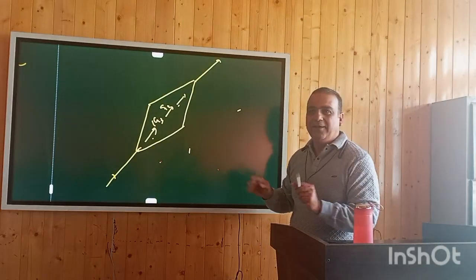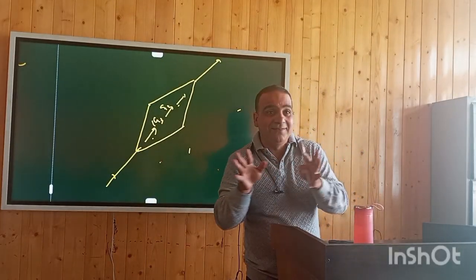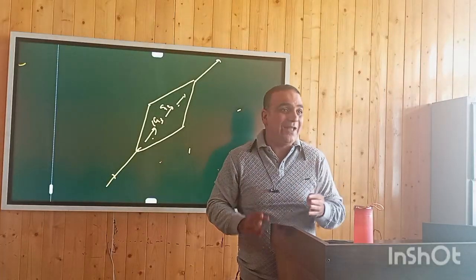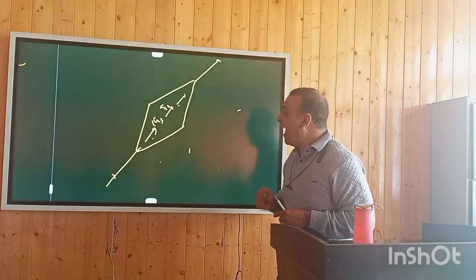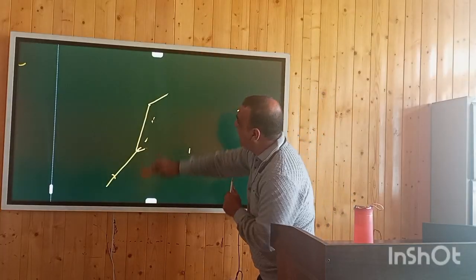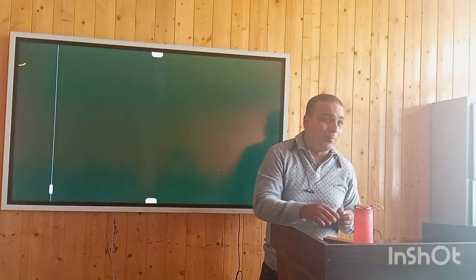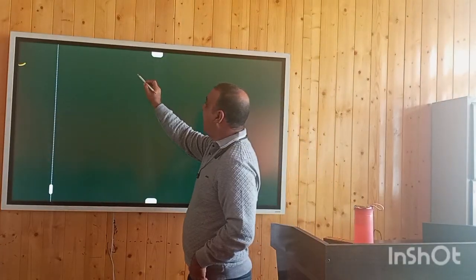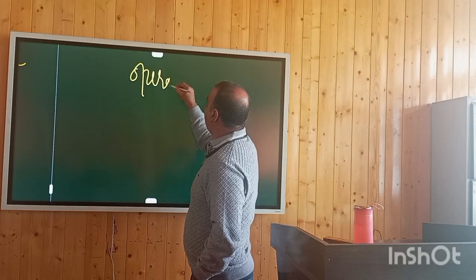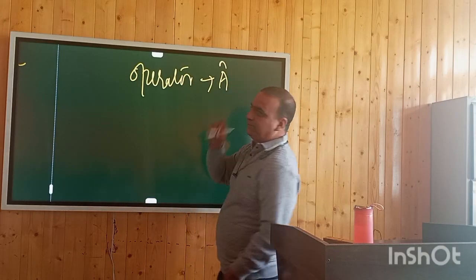Is this clear? Okay, so this diagram should not be taken as the final diagram of anything. It's just for the sake of understanding what it means to have eigenvalues. So we have an operator, and let me call this operator A cap.